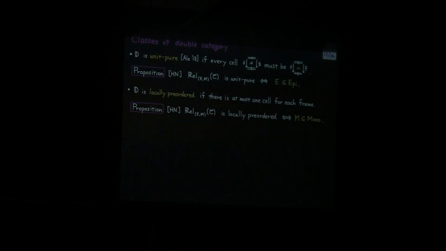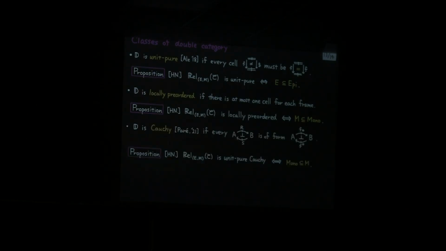And next, a double category is called locally preordered if there is at most one cell for each boundary. This was also called flat by some authors, but anyway, the double category of M relations is locally preordered if the right class M is included in the class of monomorphisms.